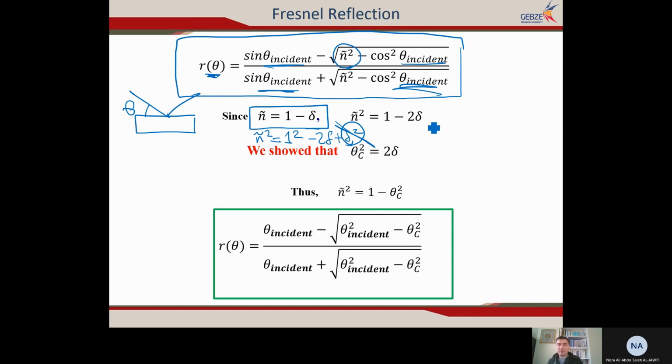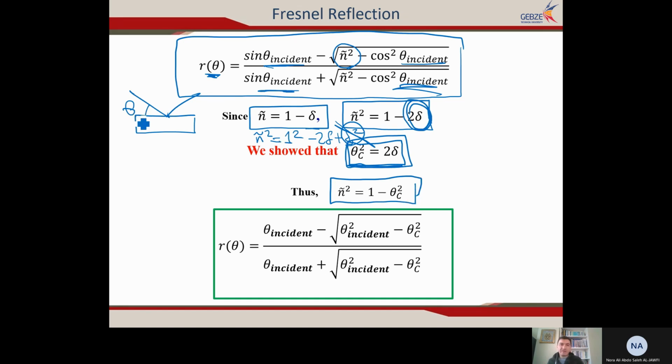You can neglect this one. Then n medium square can be written in this form. Here we have 2 delta. Instead of 2 delta, I can use theta critical square, which we got in the previous transparencies, and then n medium square can be written as 1 minus theta critical square.